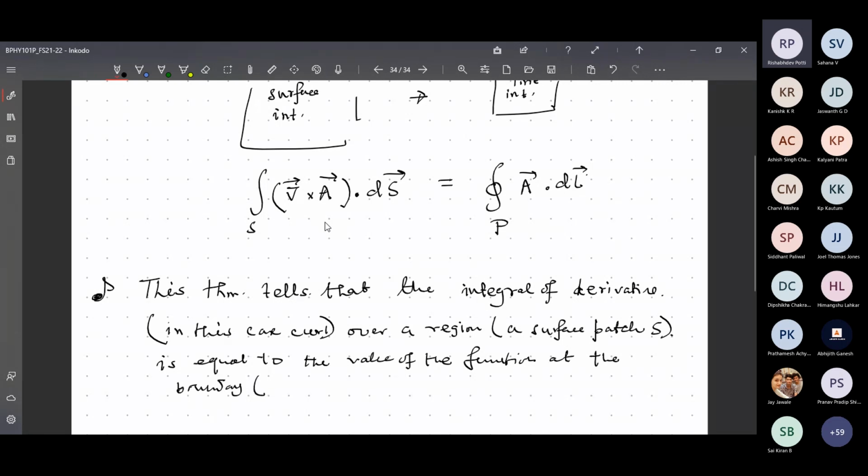In this case, it is the perimeter of the patch, that is the line. So it is a closed line. So again you will see the idea: the integral of a derivative over a region is the value of the function. That's the key idea from the beginning.